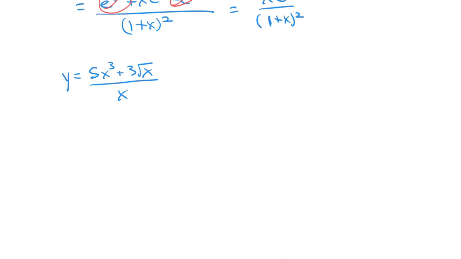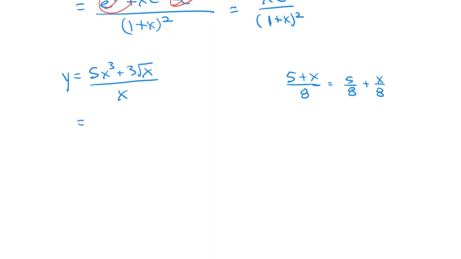Well, we could split this up, right? Because we know that if you have something like 5 plus x over 8, for instance, that's the same as 5 over 8 plus x over 8, right? And so we could go backward too. If we started here, we could go here. But what that means is we can split this up.